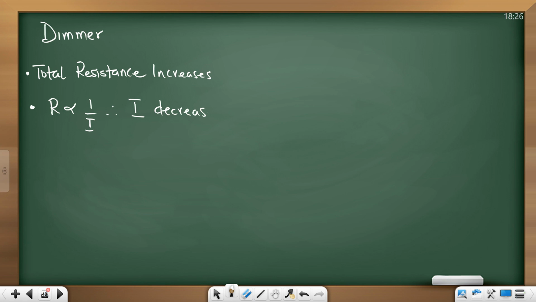Decrease. That making sense to you? But P equals to what? I squared R. Do you see I'm using formulas all through? If my current decreases, what happens? The power will decrease. And if the power decreases, the bulb is going to be what? Dimmer. Check. No one can say you don't know physics.